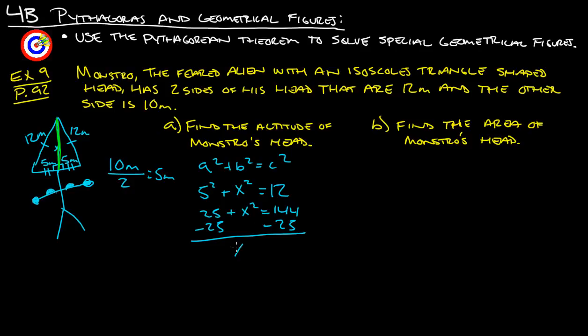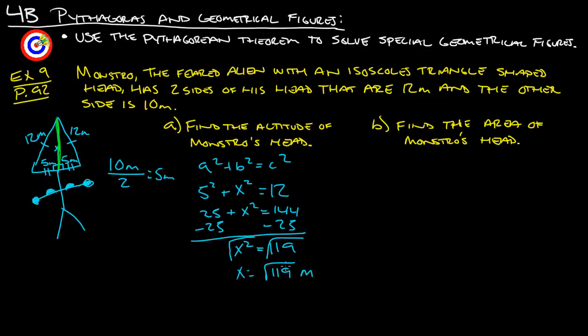Subtract 25 from both sides, and we get that x squared is 119. We don't want to know what x squared is, we want to know what x is, so we square root both sides. x equals the square root of 119 meters.